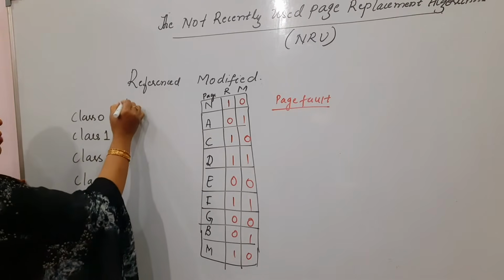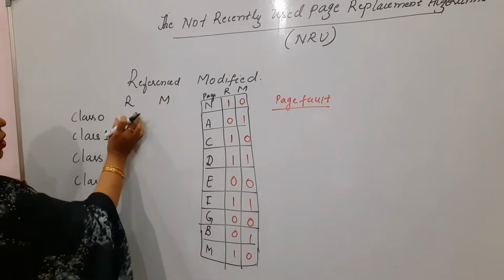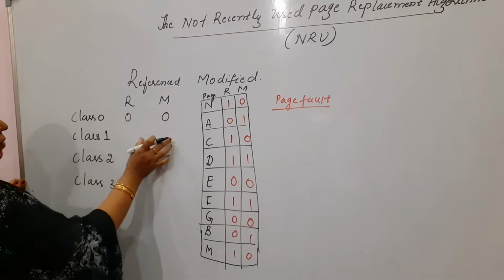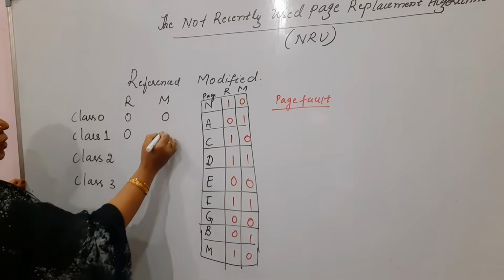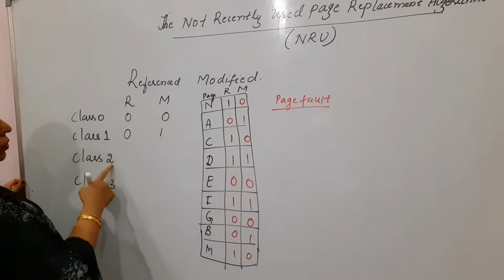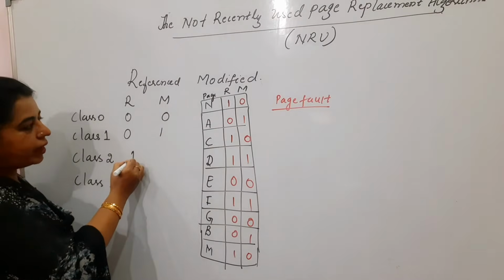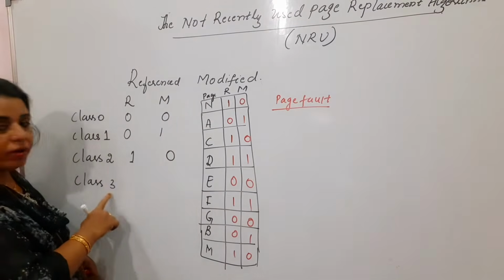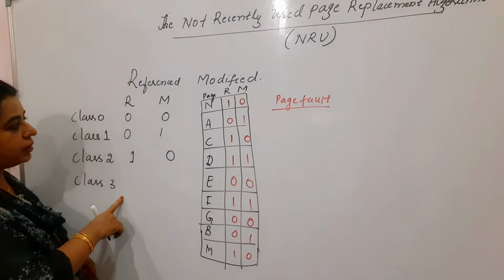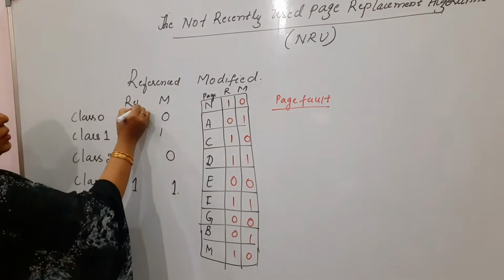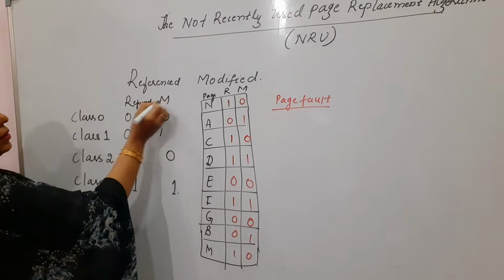Class 0 will have all the pages with reference bit 0, modified bit 0. Class 1 will have all the pages with reference bit 0, modified bit 1. Class 2 will have all the pages with reference bit 1 and modified bit 0. Whereas class 3 will have all the pages with reference bit 1 and modified bit 1. So this is referenced and this is modified.